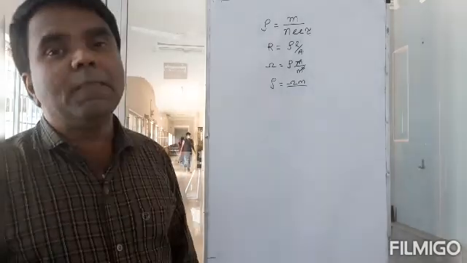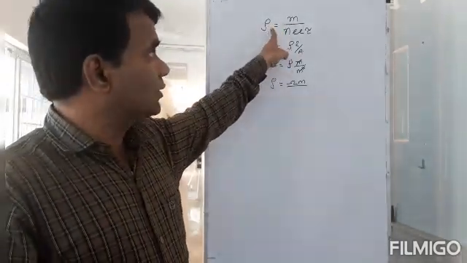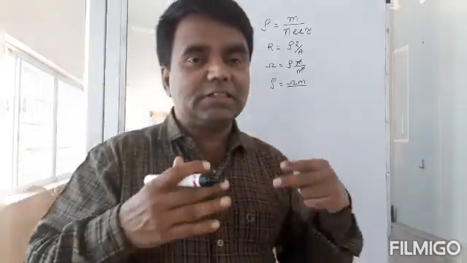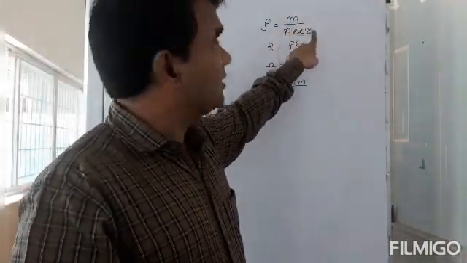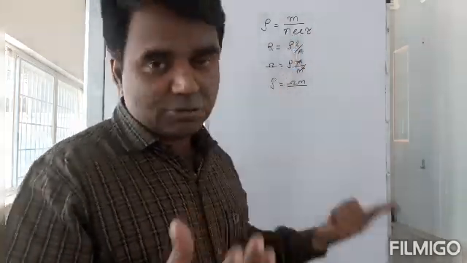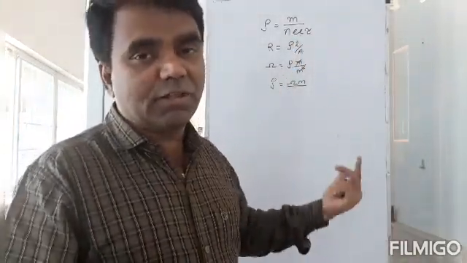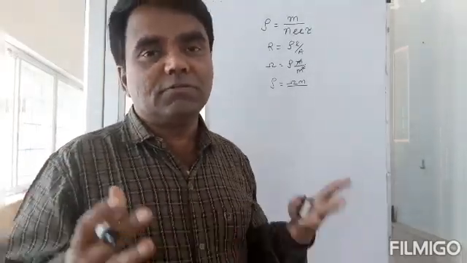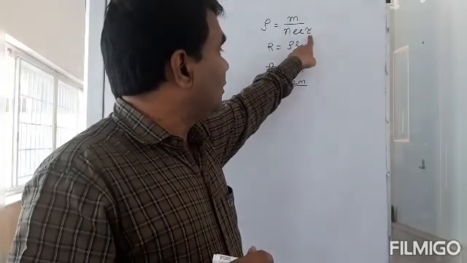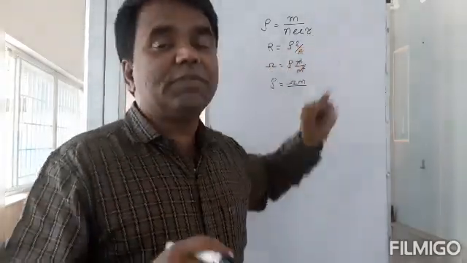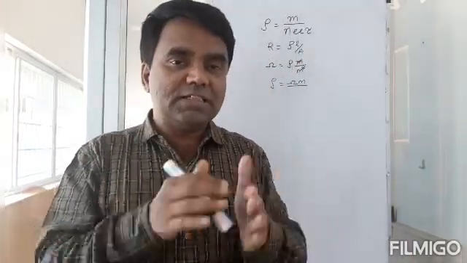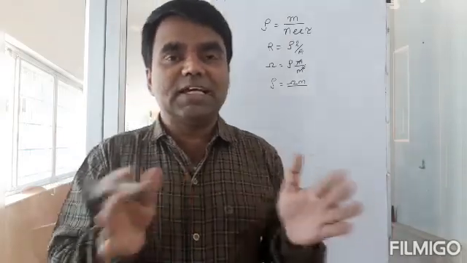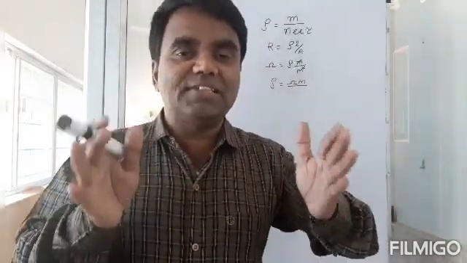So we know this, and you can see that rho is not a constant value. It cannot remain a constant value for a material, because rho depends on tau. m is constant anyway, e is constant anyway, n is also constant for a material. If it is copper, then you will have one value. If it's aluminum, you will have a different value, and so on. And tau, even in a single material, is not a constant value, because tau, as I said, is the time between collisions, the relaxation time.